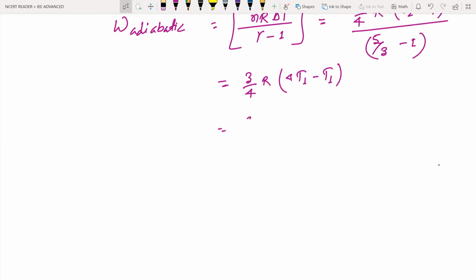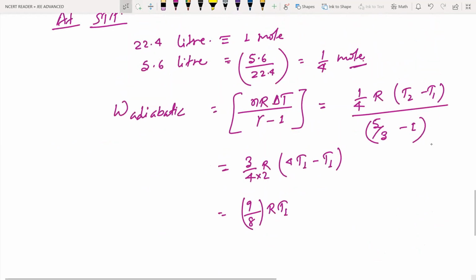So 3 into 3 is 9, divided by 4 times 2, which is 8. So 9 divided by 8 R T1. This is the final result we are getting here: 9/8 RT1.